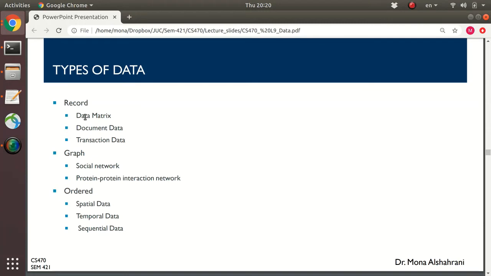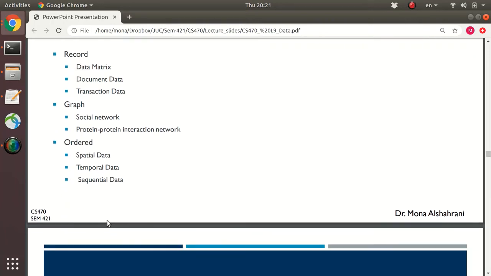Record data includes data matrix, document data, and transaction data. Graph data can be social networks or protein-protein interaction networks. Ordered data can be spatial data, temporal data, and sequential data.